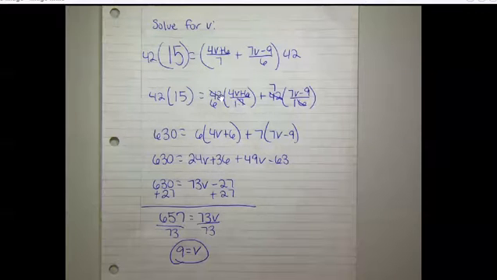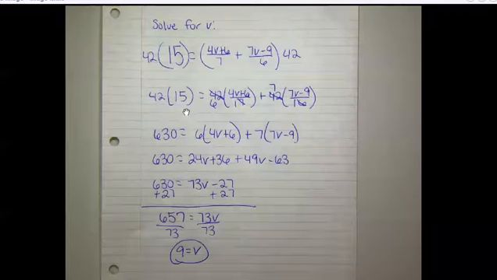That makes this numerator over 1, and 42 divided by 7 is 6. Over here, 6 will go into both 6 and 42. 6 divided by 6 is 1, and 42 divided by 6 is 7. With this being over 1, all we have left is 7 times 7v minus 9.